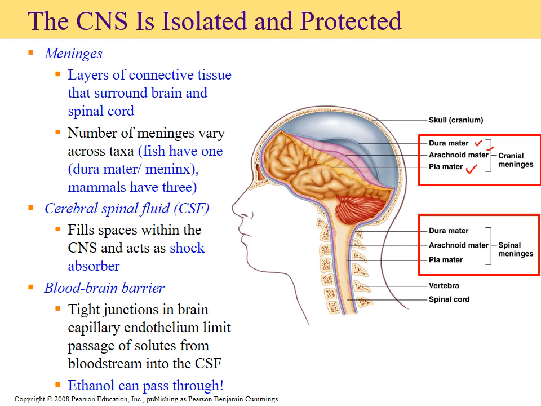There are areas that have slightly higher permeability. For instance, our pineal gland, our pituitary gland, and our hypothalamus are all areas that produce and secrete hormones. Those areas have higher permeability, making it easier for solutes to go in and out.